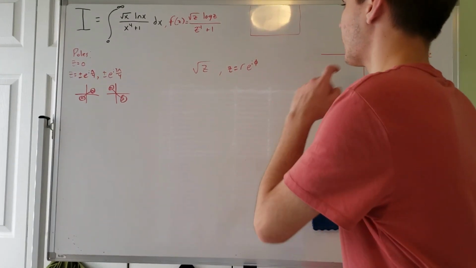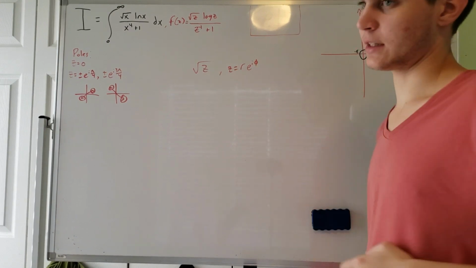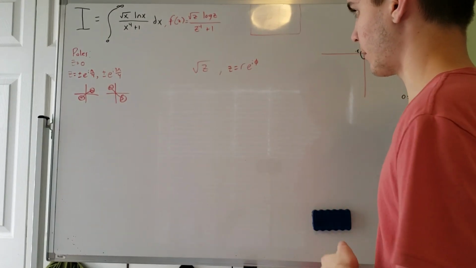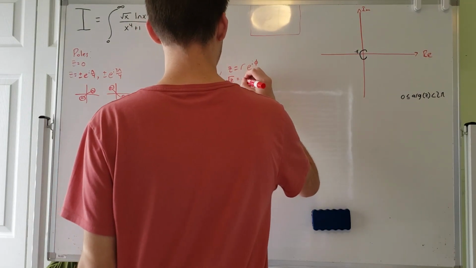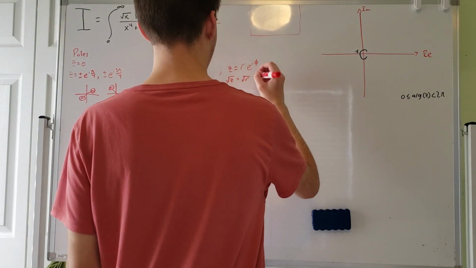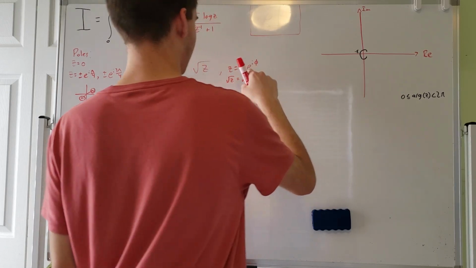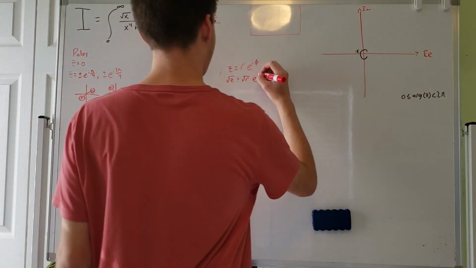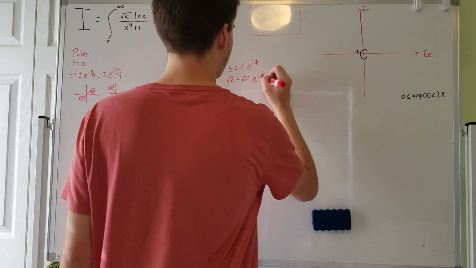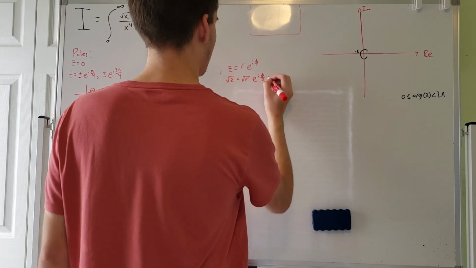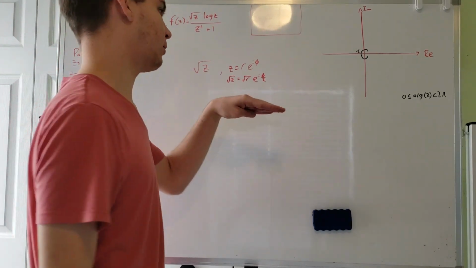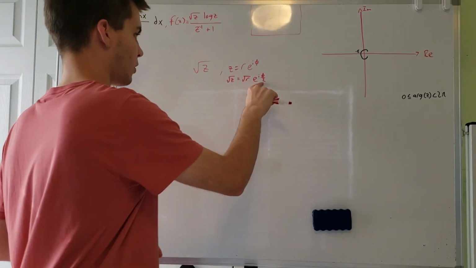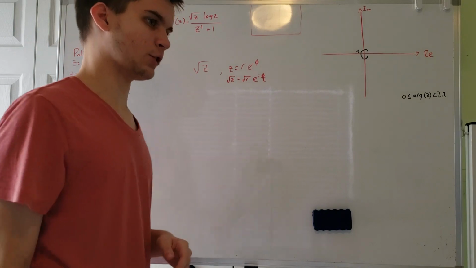Okay, so phi is just the angle from the positive real axis that your complex number makes. So that means that root z is equal to root r times e to the i phi by 2, since we're taking the root of both sides. So what's the problem here? When we start at phi equal to 0, this exponent goes to 0, which means this exponential turns into 1.